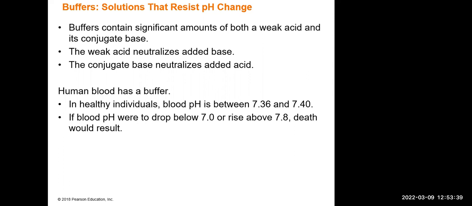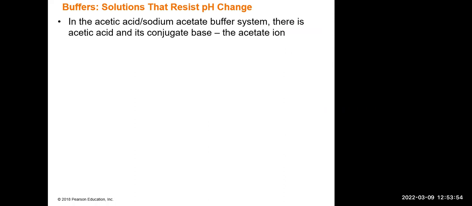There are also others, like hemoglobin and so on. If the blood pH dropped below 7.0 or rose above 7.8, that would be fatal.